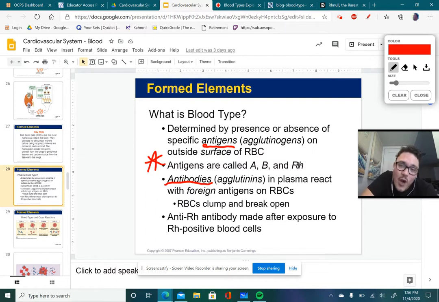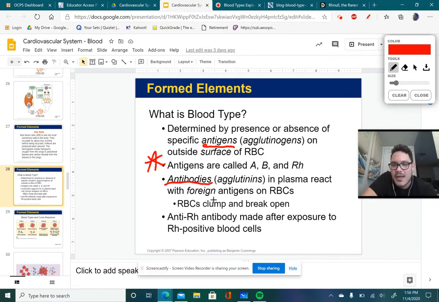Now, if you have RH on your blood, that's simply referred to as positive. You may have heard of, for instance, A positive blood. That means you have the A antigen and you have RH. If you don't have RH on your blood, you're referred to as negative, which you may have also heard of, like A negative blood. Negative means you do not have the RH factor.